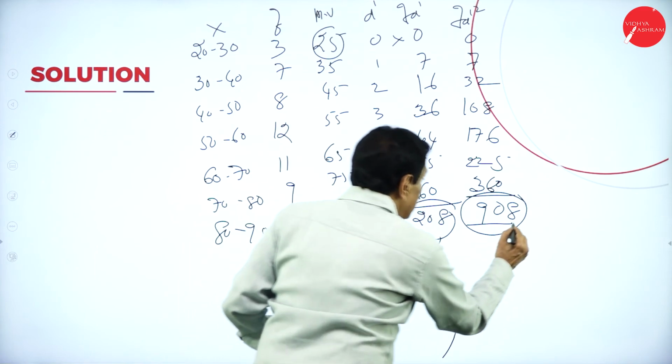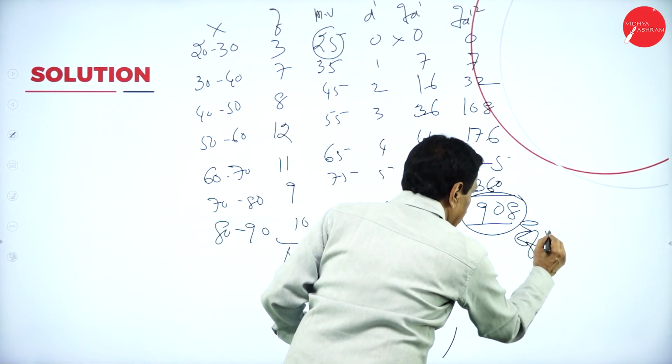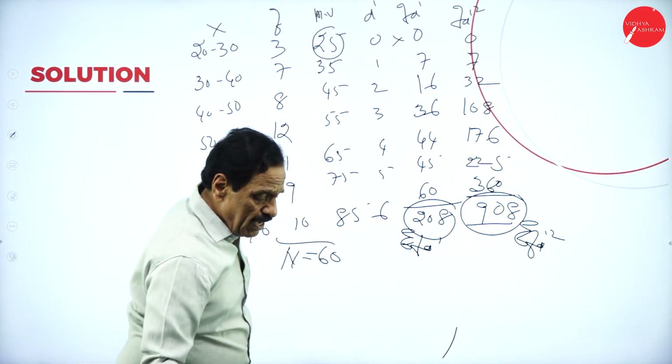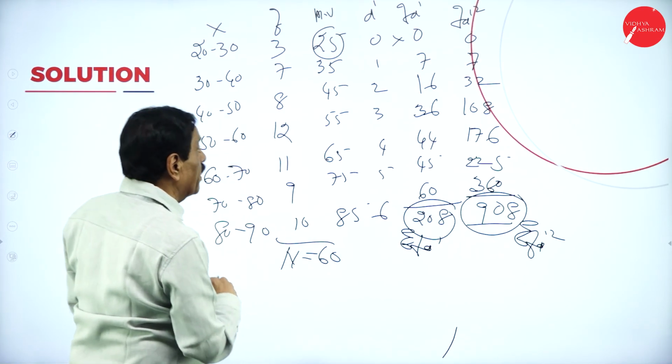What is 908? Sigma f t dash square. Now we are going to apply the formula.